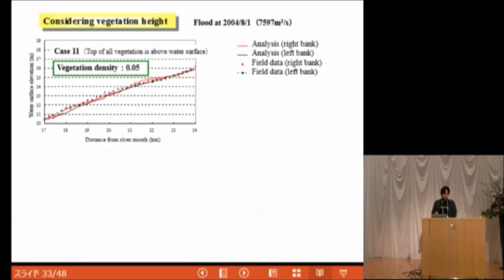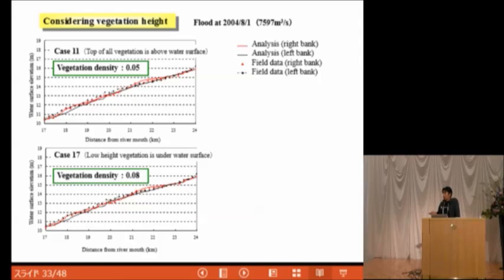If we consider the height of the vegetation, we have to use a much larger vegetation density, because lower vegetation will be covered by the water, so drag force will be decreased. On the other hand, in order to reproduce the water surface level, vegetation density should be increased.